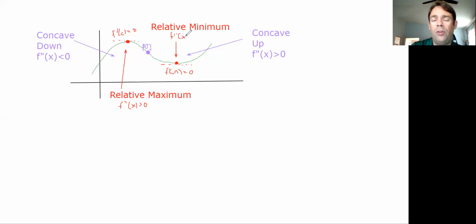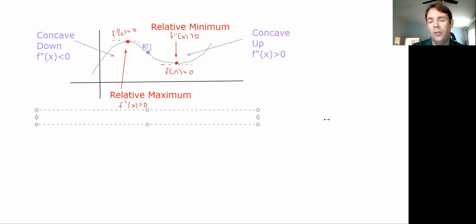So we can test with more than just the first derivative. We can also test with the second derivative, and that's what we call the second derivative test. We had a first derivative test, and it turns out we have a second derivative test for relative extrema.